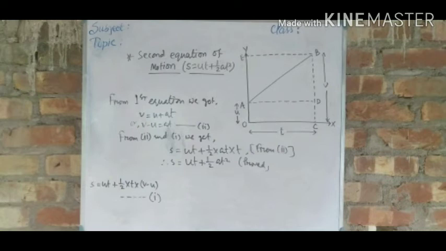From equations 1 and 2 we can merge them and easily get s equal to ut plus half into at into t, where v minus u has been changed to at, because from the first equation we have v minus u equal to at. So our final second equation of motion is s equal to ut plus half at square. It is proved.